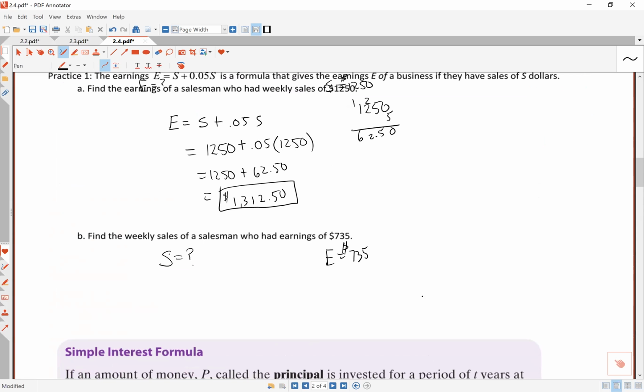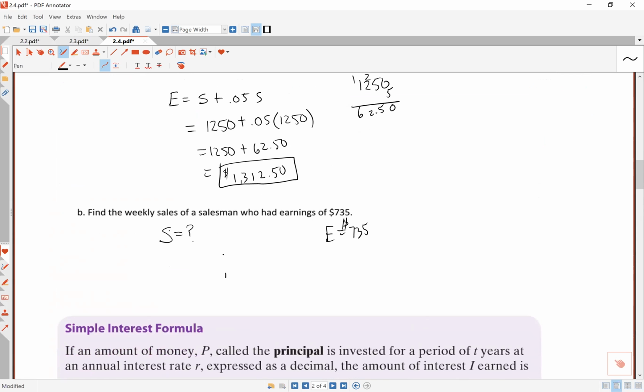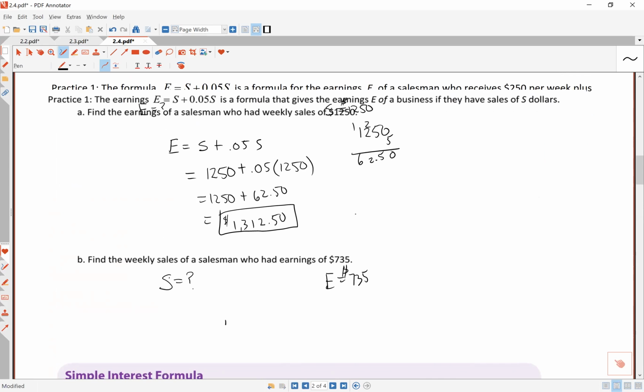The earnings are the sales plus 5% of the sales. The sales are unknown this time, but the earnings are $735.